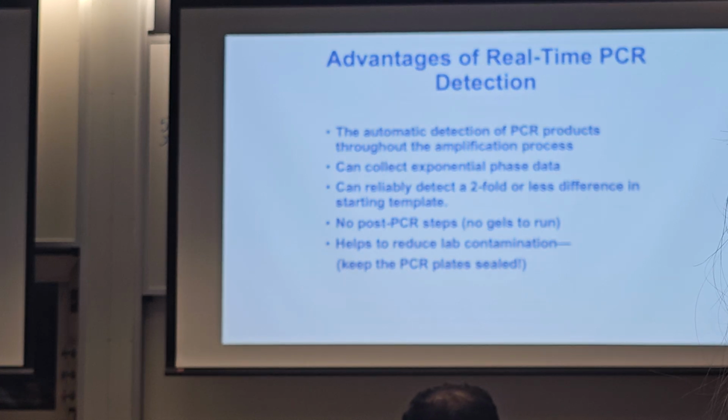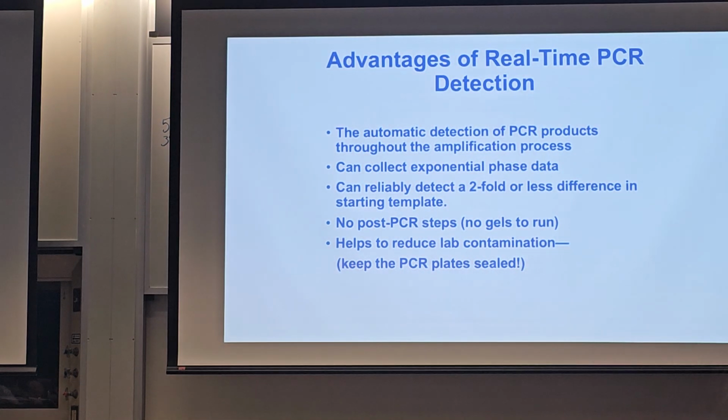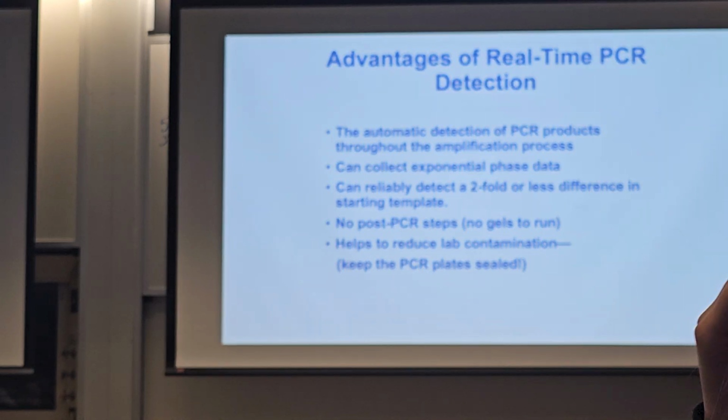All right, what are some of the advantages of real-time PCR detection? Again, real-time because it's monitoring your amount of product constantly throughout the run. So the automatic detection of PCR products throughout the amplification process is really useful. We're going to collect our exponential fold data.